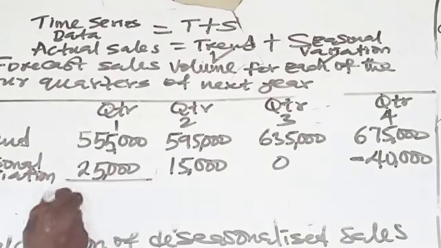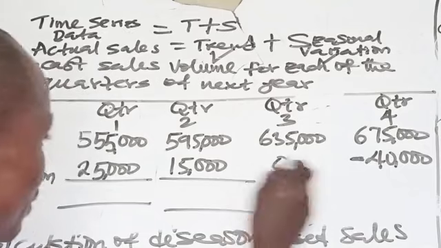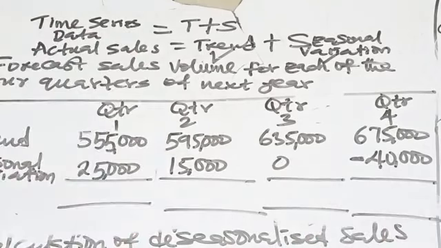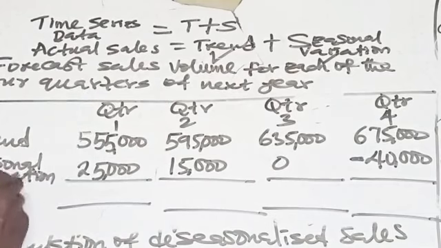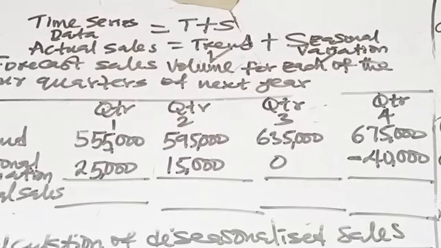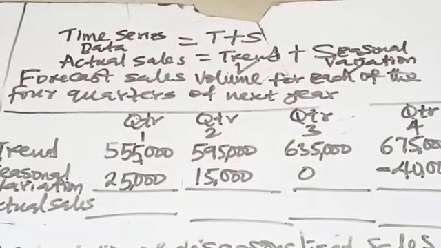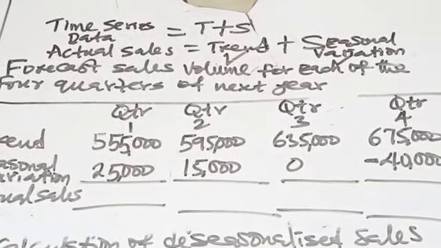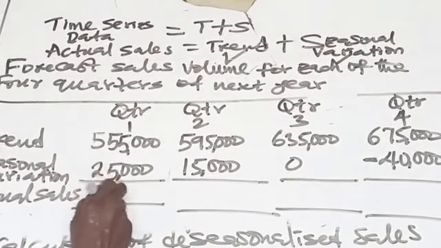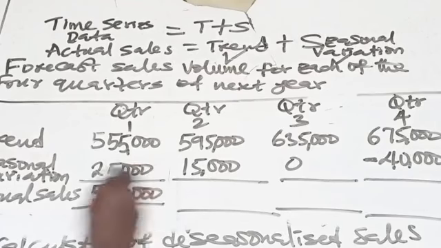So now, let's add. Actual sales. 555,000 plus 25,000. That gives us 580,000. 595,000 plus 15,000.